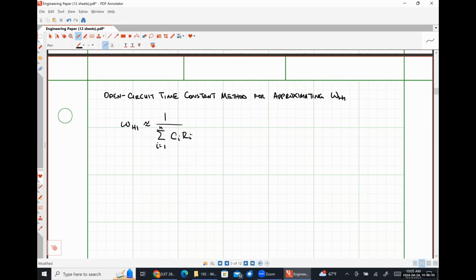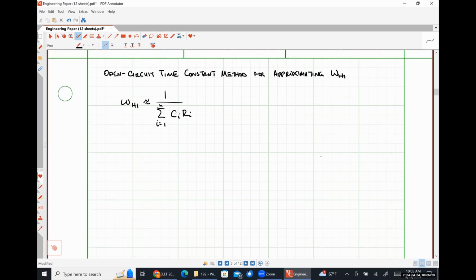So let's start with the capacitance C pi. What resistance does C pi see?